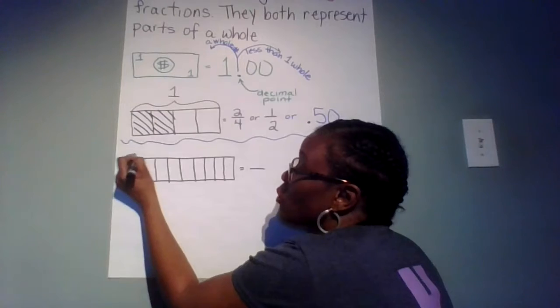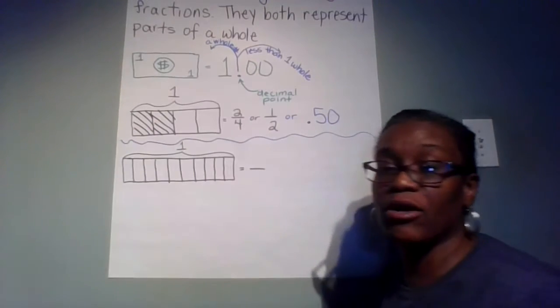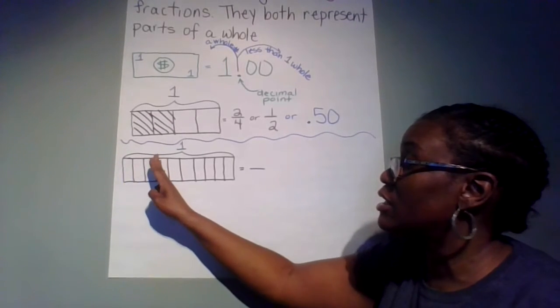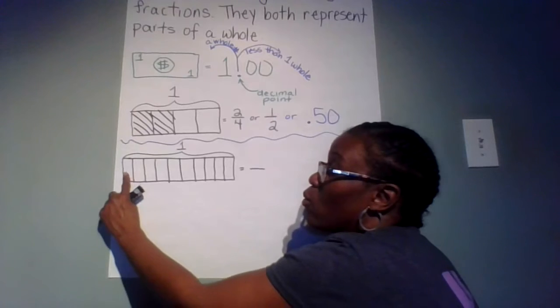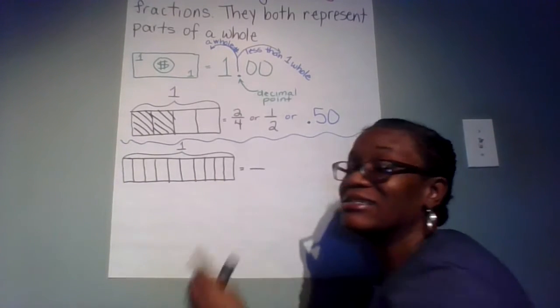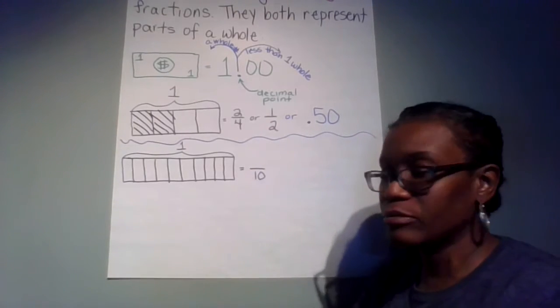And let me put this so we are clear that this whole tape diagram is one whole, and now I've just split it into, let's count, 1, 2, 3, 4, 5, 6, 7, 8, 9, 10 pieces. So our denominator would be 10.